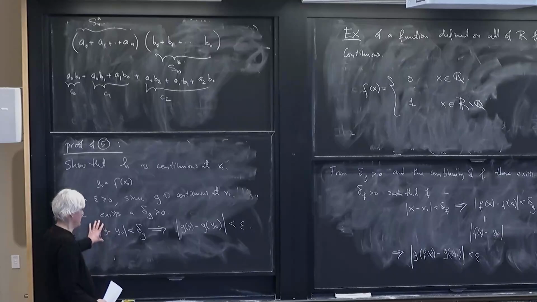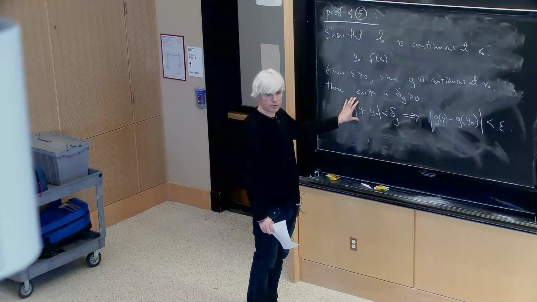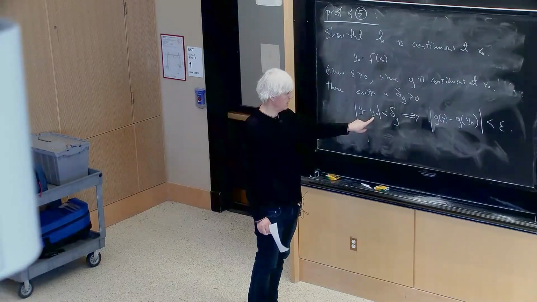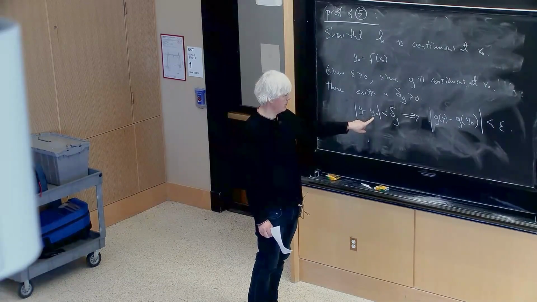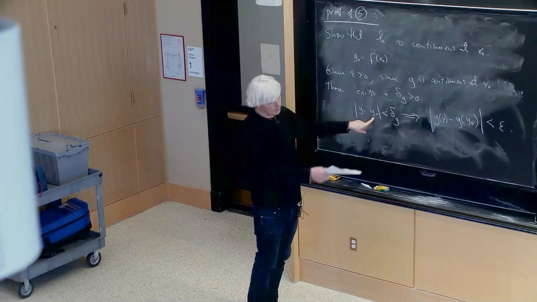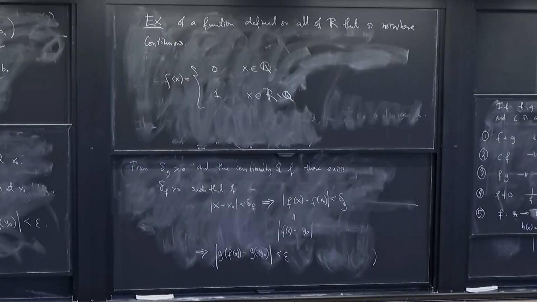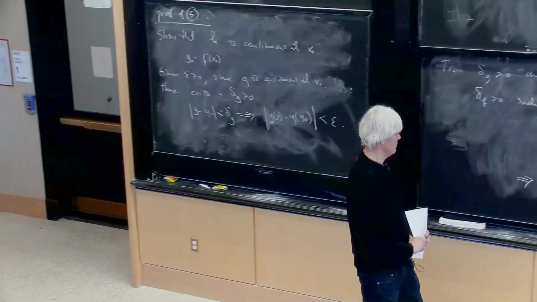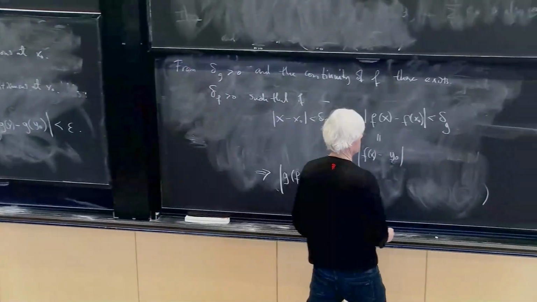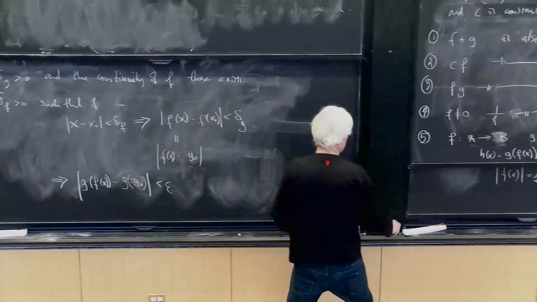This is just because that was how delta g was chosen, and one of these 2 points is y0.